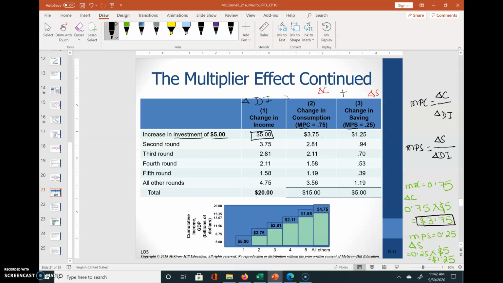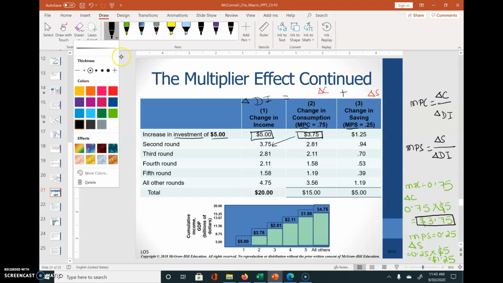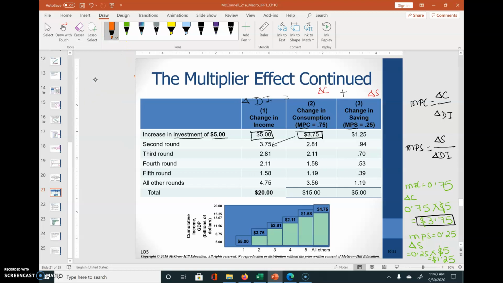Alright, so we have this change in consumption in step 1. So this change in consumption in step 1 will cause a change in income by 3.75 in step 2. We can do the same trick we did in step 1 here.